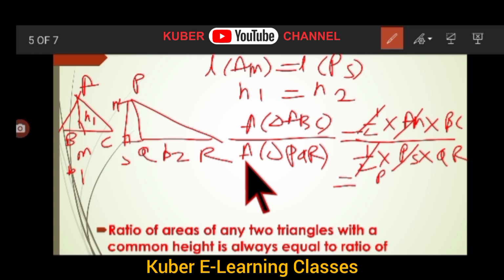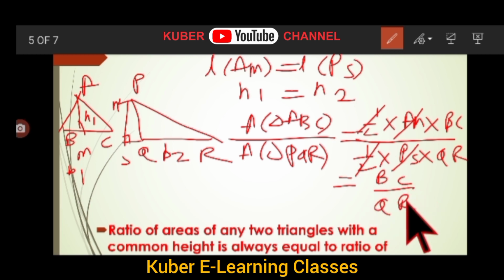So what will remain here? Only BC over QR. BC is the base, QR is also a base. So the ratio of areas of these two triangles with a common height is always equal to the ratio of their corresponding bases.